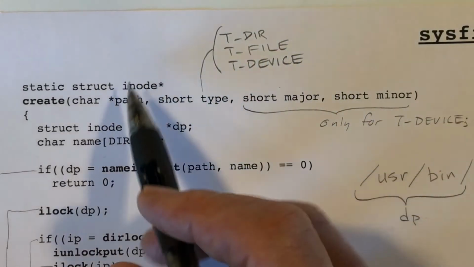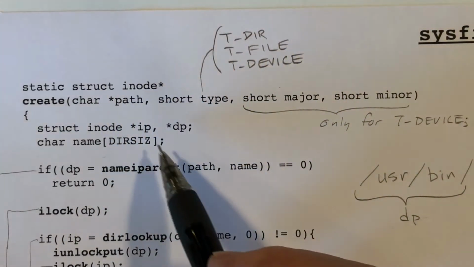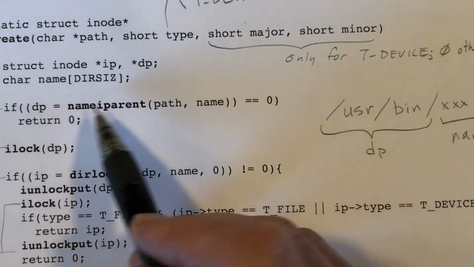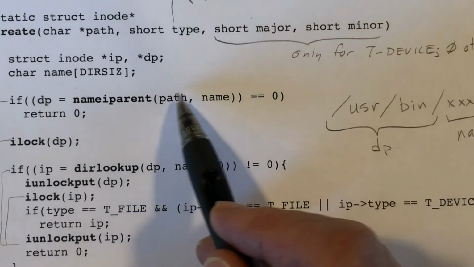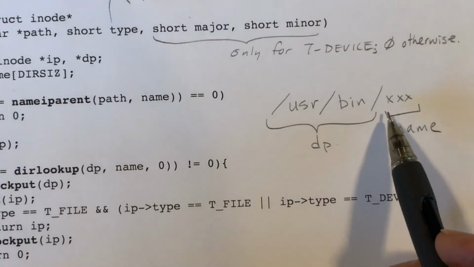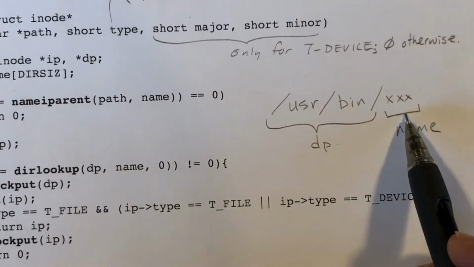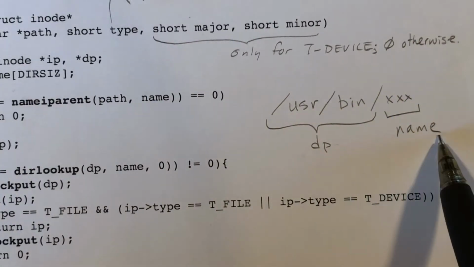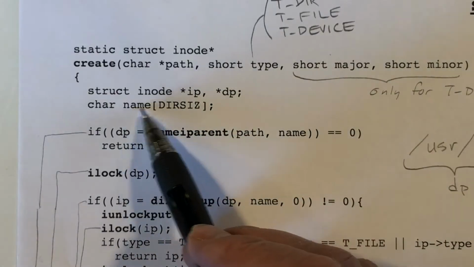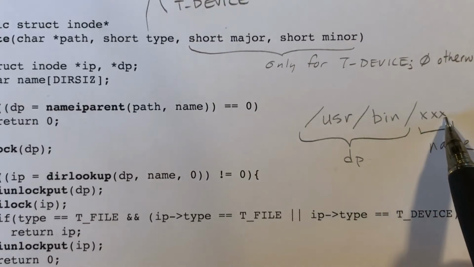So we're passed in this path, and the first thing we do is call nameiparent to parse this path name. It will identify the final thing in the path name and store it in this variable name. So this local variable name will contain xxx.